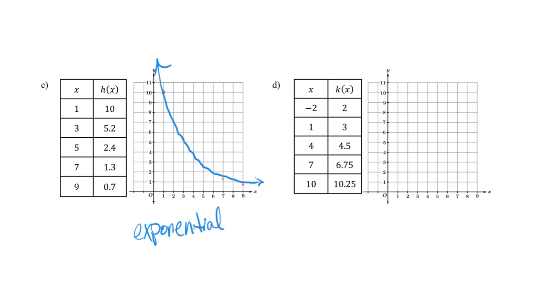Okay, let's try D. All right, there are our points. And if I tried to fit something in there, it might look something like that with a little bit of a curve. So that's another exponential model. What's the difference between these two? Well, C is kind of decreasing, right? It's getting smaller.